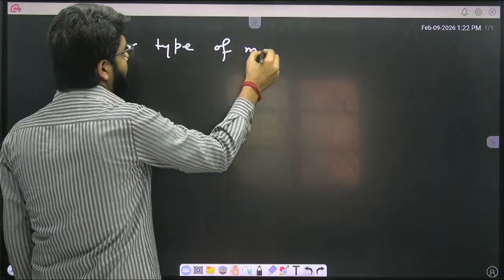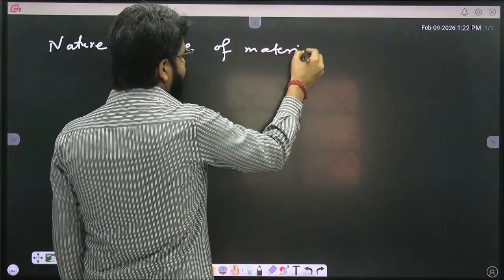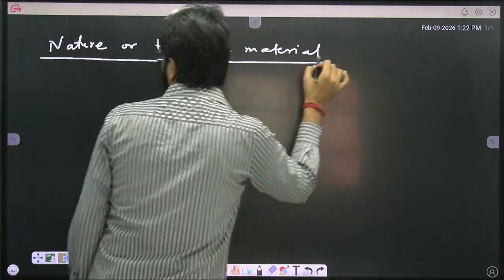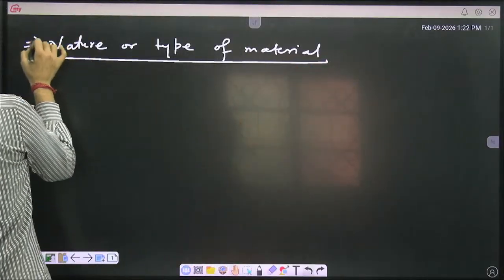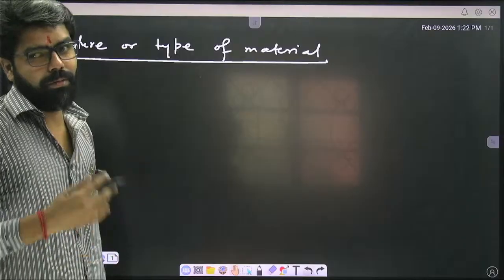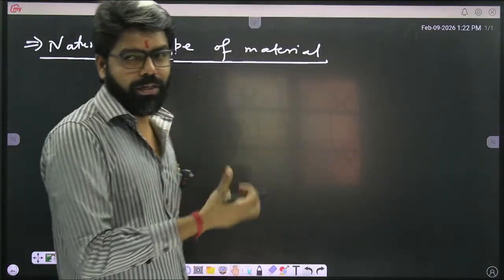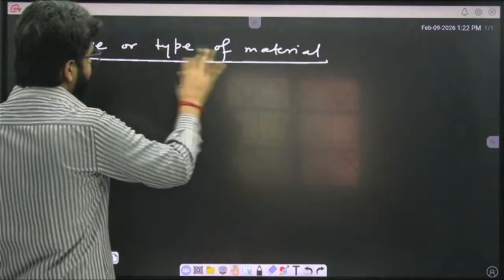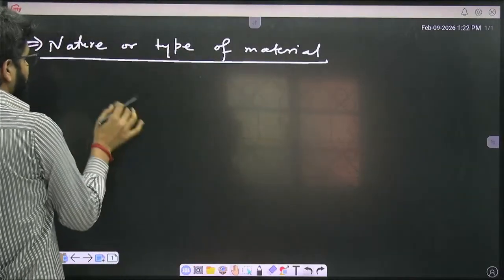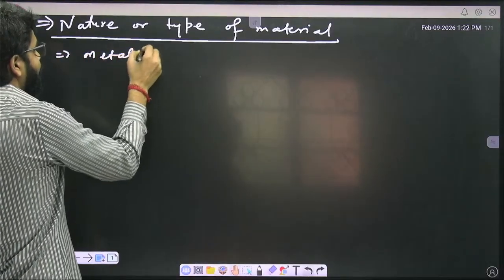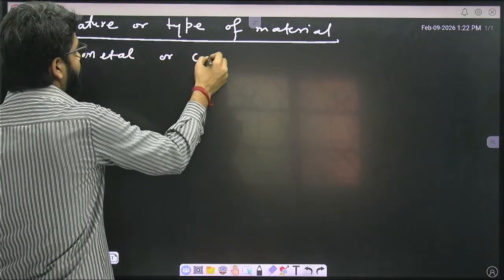Before that, if you want, you can write the reason that I told just now: what is the reason a material conducts electricity while another does not. The same reason I explained earlier, you can write those. Okay, now the nature or the type of the material. So the first is metal, or you can simply say conductor.